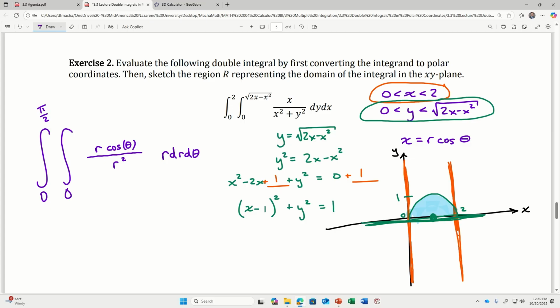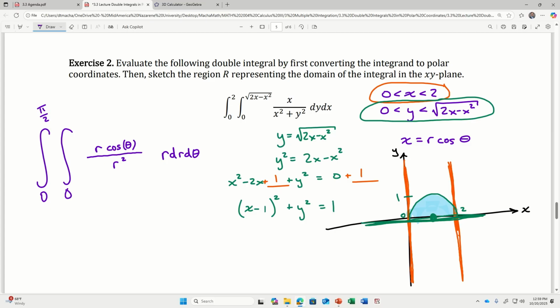But r is not just going to be from 0 to 2, because if I set r equals 0 to 2, then I'm going to get this entire quarter of a circle with radius 2. I don't want that. I want the semicircle that I showed you right there. So r is going to be a function of theta.